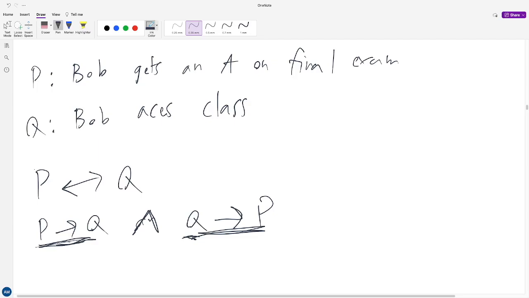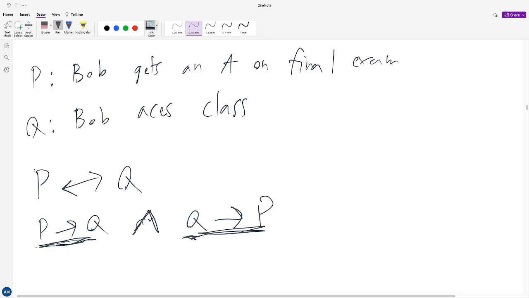Because the final exam is the grade for the whole class grade. And on the other hand, the converse, if Bob does not ace his class, that must mean he did not get an A on his final exam. So we can see that P is true exactly when Q is true. P is false exactly when Q is false.